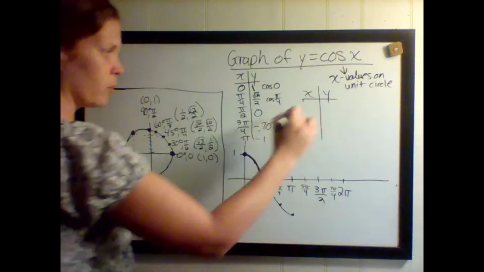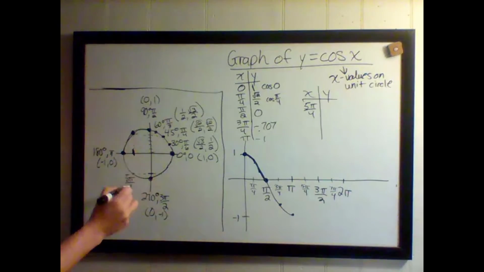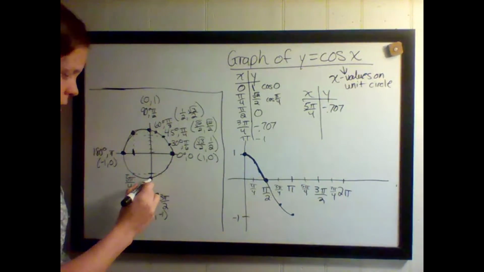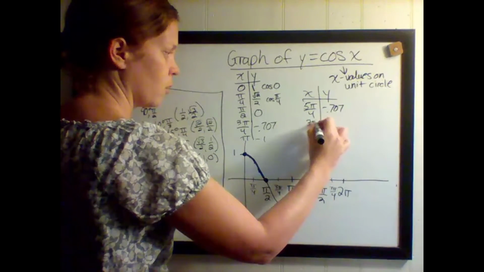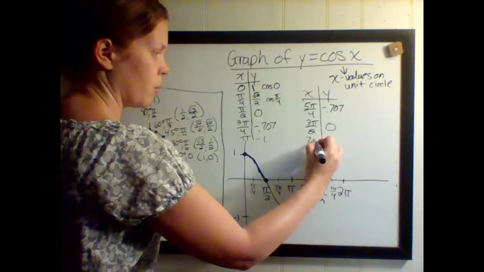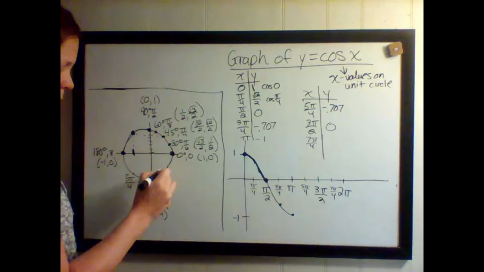Then down here at 5 pi over 4, our x value is still negative. Cosine is still negative, so negative 0.707. At 3 pi over 2, the x value is 0. At 7 pi over 4, now we're back to x values being positive.